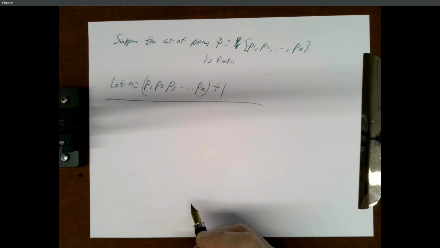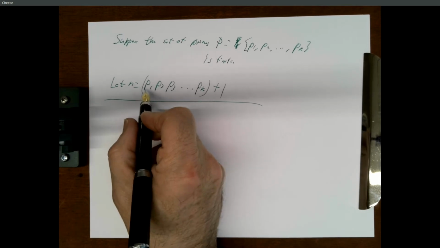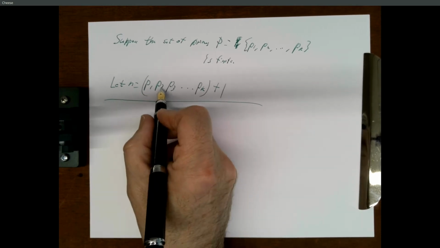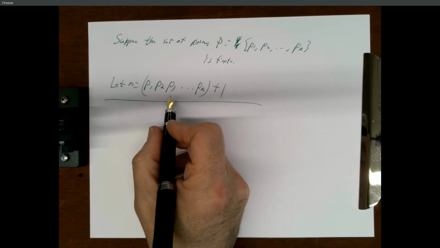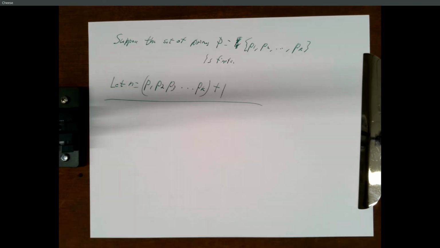Well, it turns out that p1 cannot divide n, because n is 1 more than a multiple of p1. And n is 1 more than a multiple of p2, and it's 1 more than a multiple of p3, right? If I have a multiple of 7 and I add 1, it's not a multiple of 7. I've got to add 7 to get to another multiple.